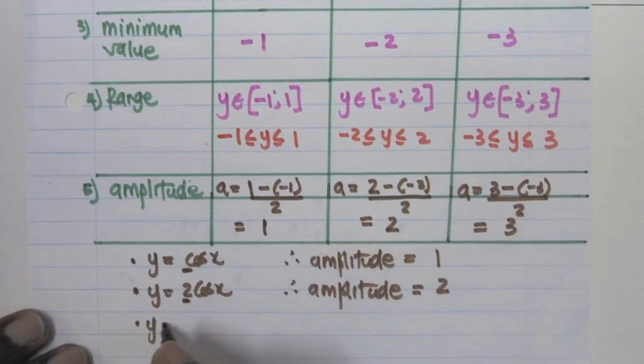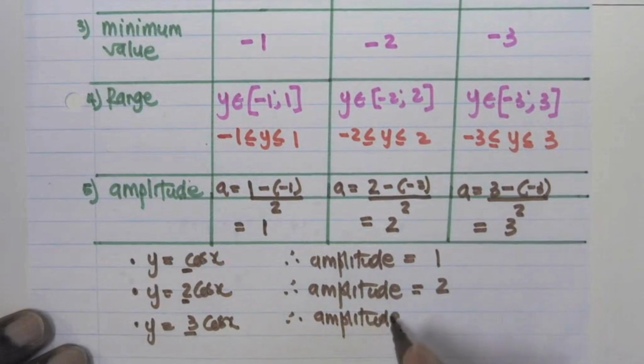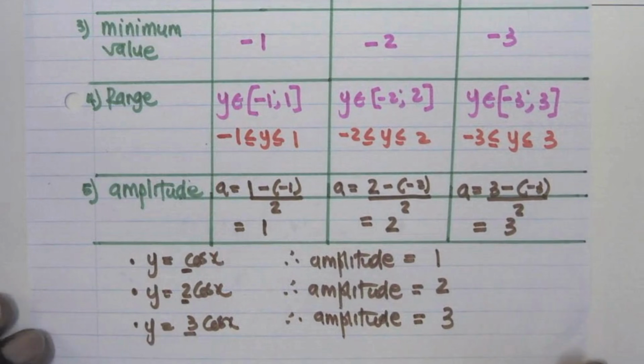And the last one, the coefficient is 3, therefore the amplitude is equal to 3. But I want to point out that if you are using this method, you must always make sure that your amplitude is always positive.